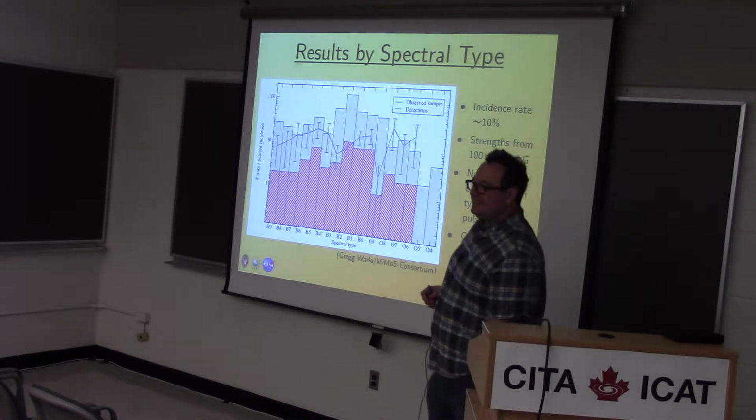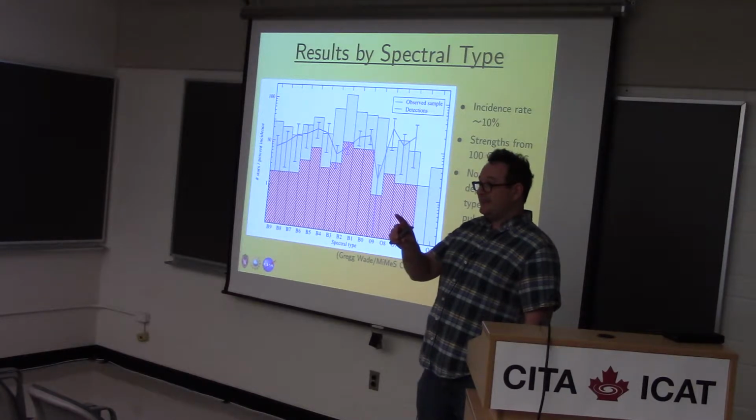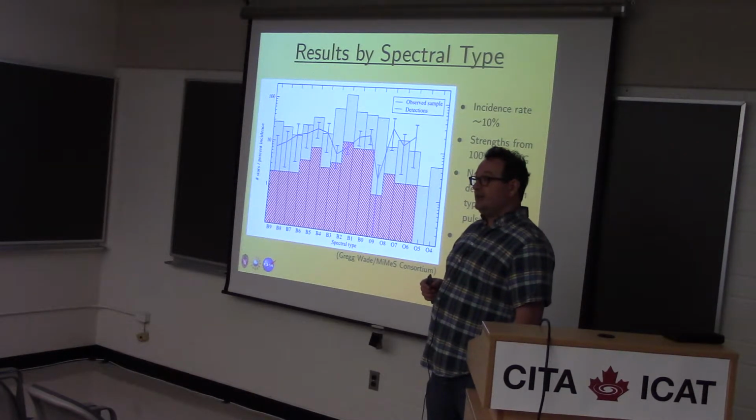Are these magnetic stars related to the peculiar, did you say Bp? Yeah, these include the chemically peculiar Bp stars. All of the Bp stars are part of this sample, okay?